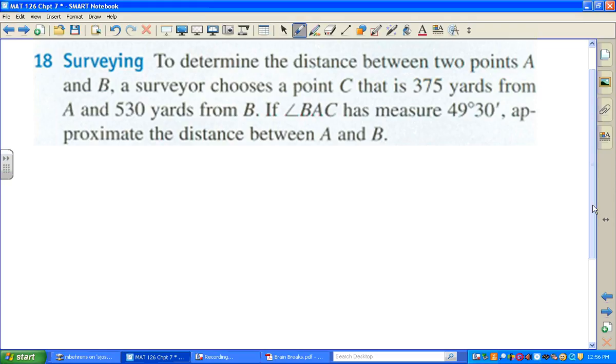To determine the distance between 2 points A and B, a surveyor chooses point C. A, B, C. Why'd you put the B over there? You don't have to. You can change it.